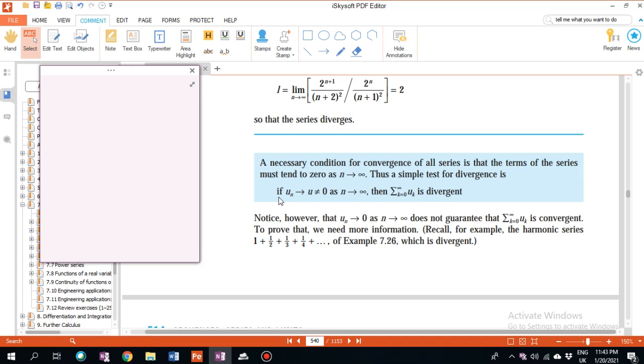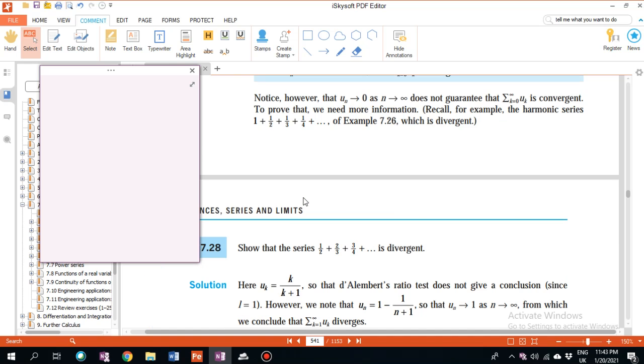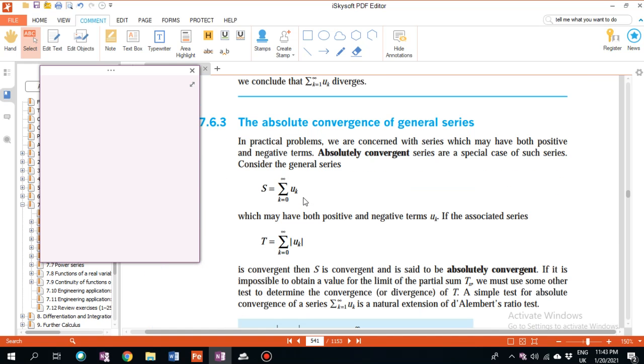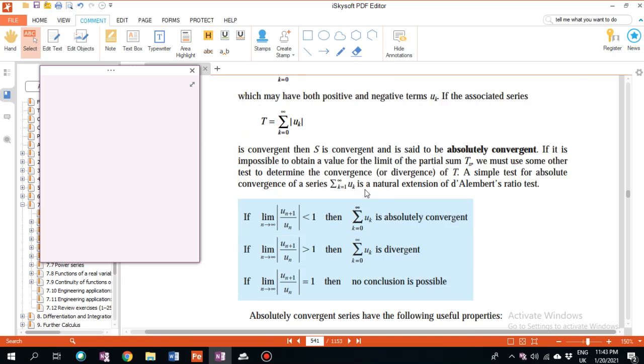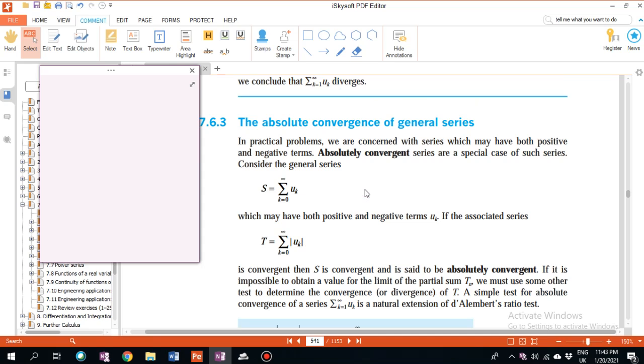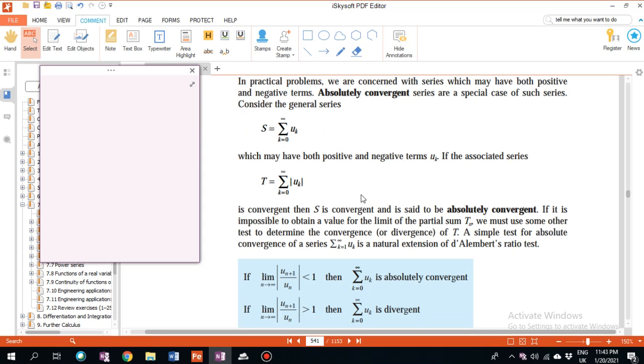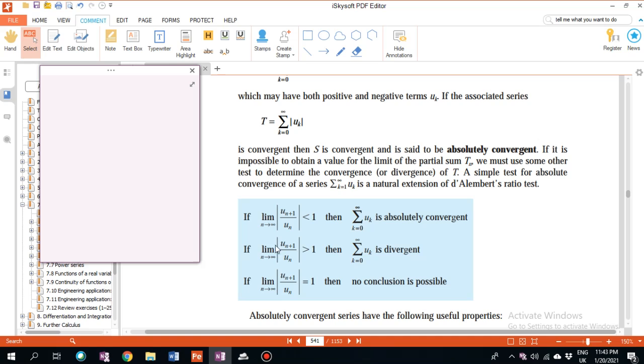Okay, this is the concept. This is another one, absolute convergence of series. So you need to remember this concept.